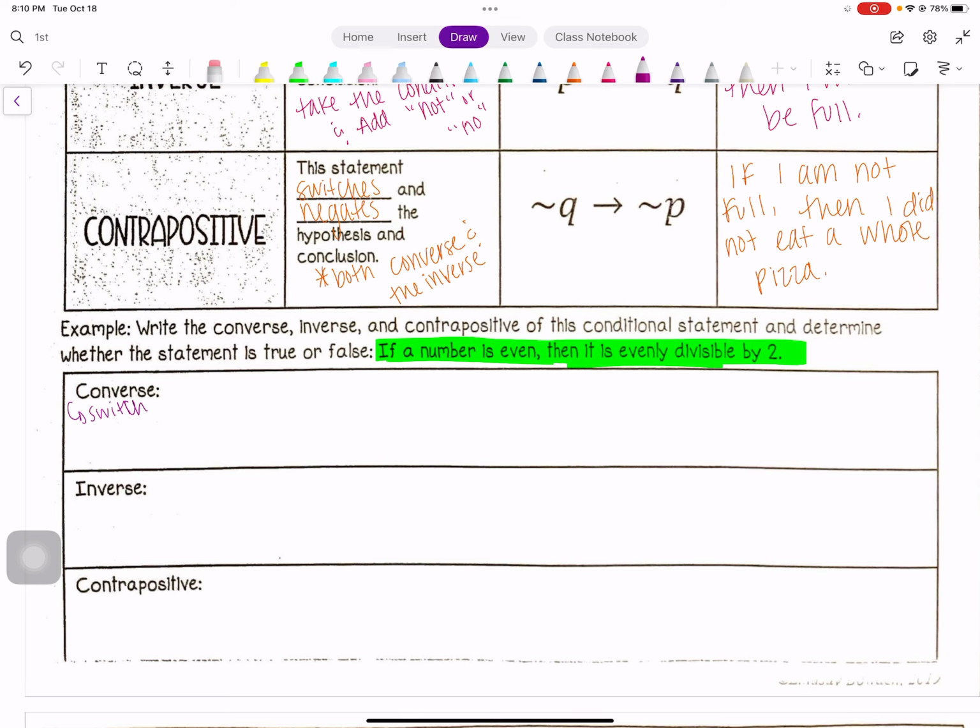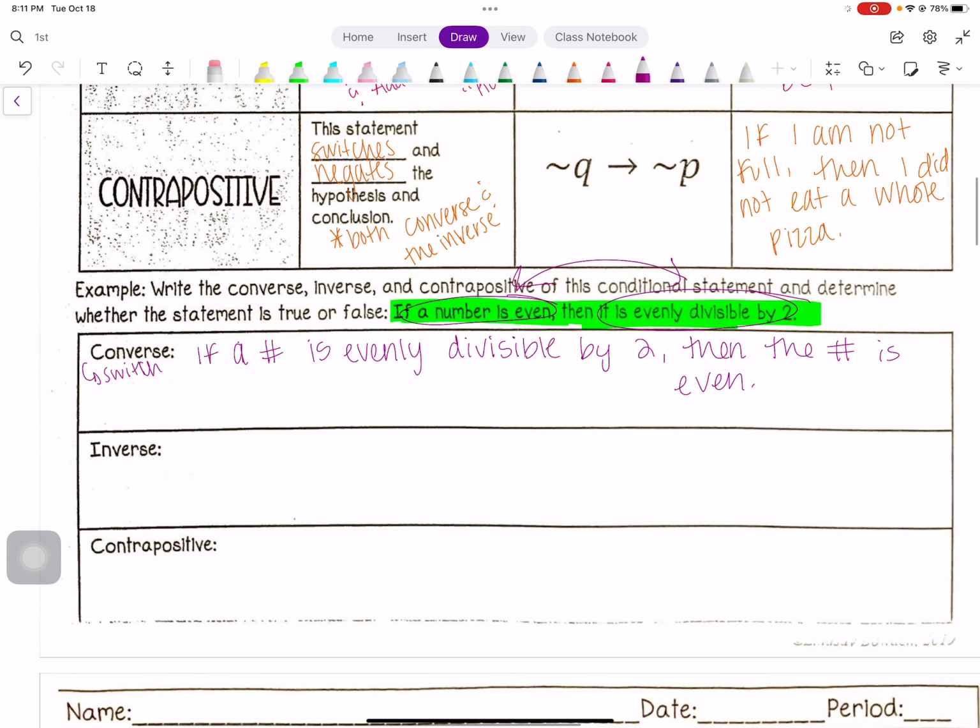Okay, so if a number is evenly divisible by 2, then the number is even. So I just took these two statements, this part, and I switched them.